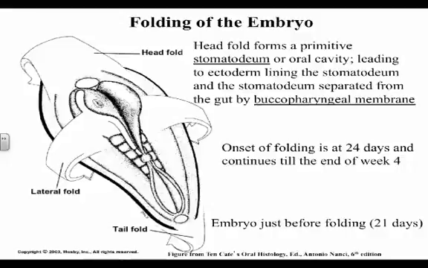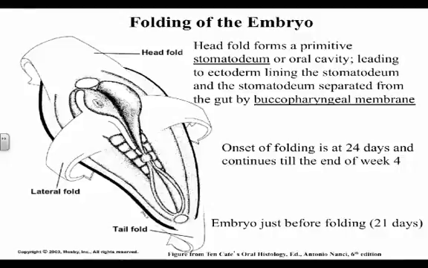I'm going to curl my fingers like this. You see how I'm curling my fingers? That is going to be the head fold. We're then going to fold the tail. So the embryo will begin to bend over like this. Like I'm cupping my palm.